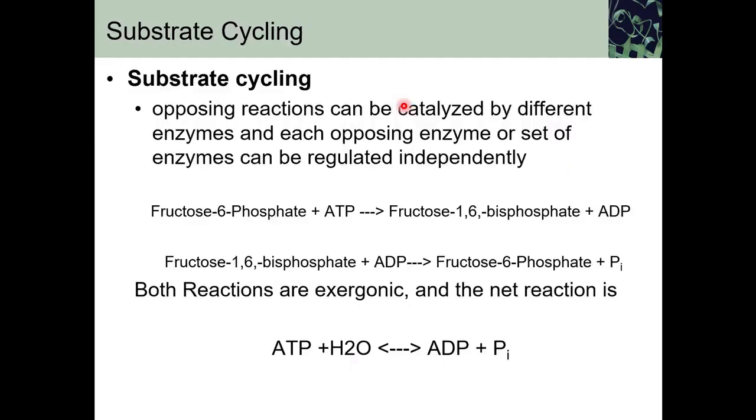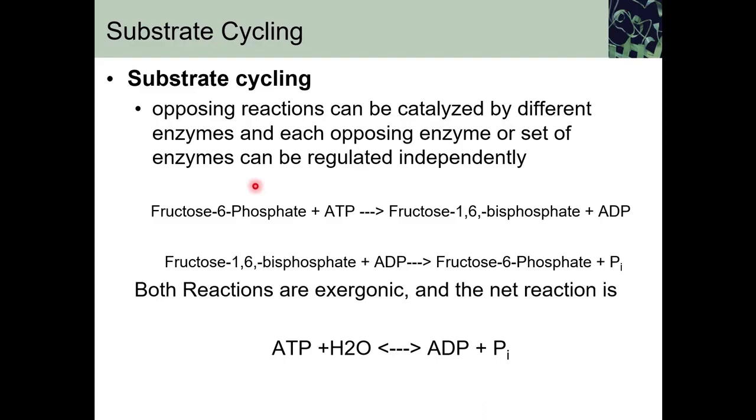Now, substrate cycling is another strategy for controlling a metabolic pathway, aside from allosteric regulation and covalent modification through phosphorylation and dephosphorylation. Substrate cycling refers to the phenomenon where opposing reactions are catalyzed by different enzymes, and each opposing enzyme or set of enzymes can be regulated independently.